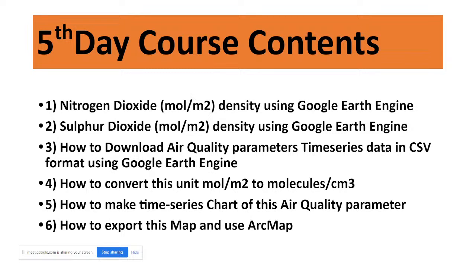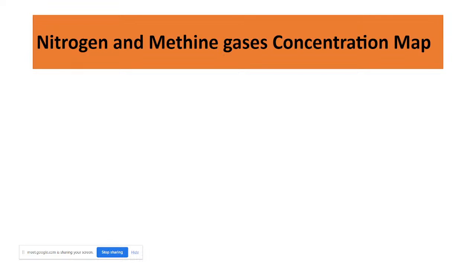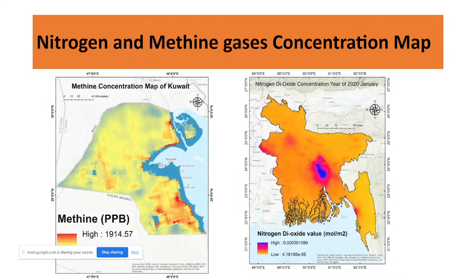First of all, here you can see two examples: nitrogen dioxide and methane gas concentration maps. The first shows the methane concentration map of Kuwait, in ppb units, and we can easily identify where the highest and lowest concentrations of methane are.